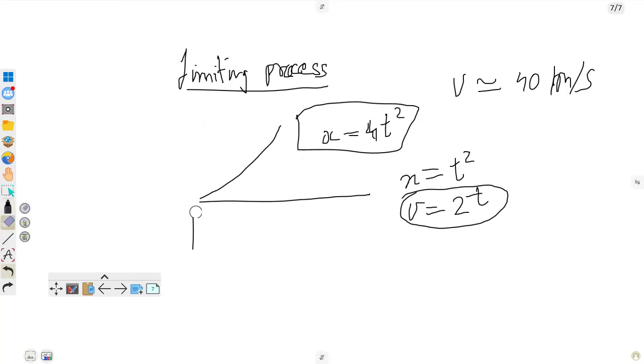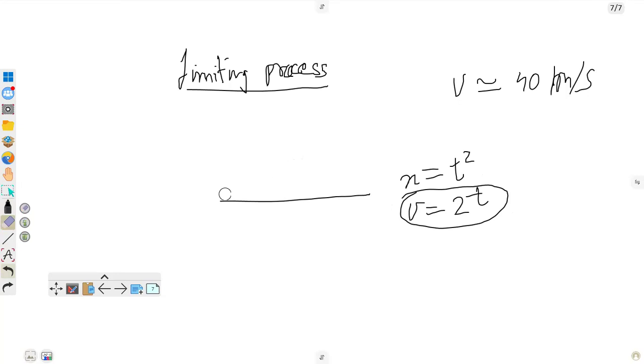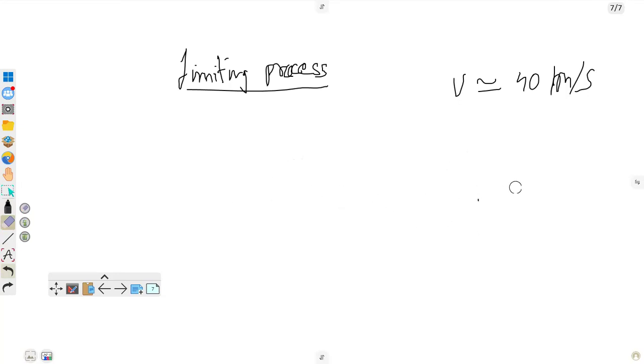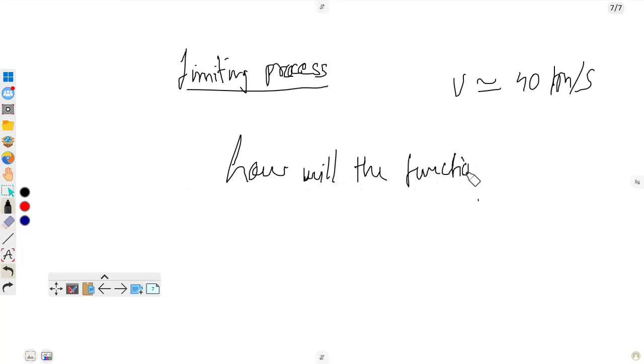Now, let us deal with the term that I used: limiting process. What do I mean by limiting process? What is a limit? We have functions in mathematics, right? What a limit tells us is how the function will behave as x tends to any value.